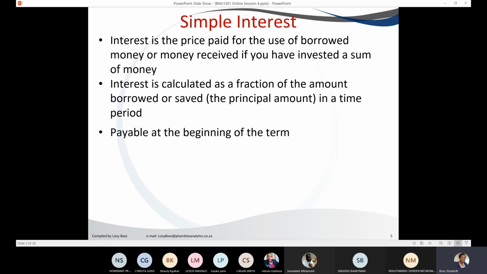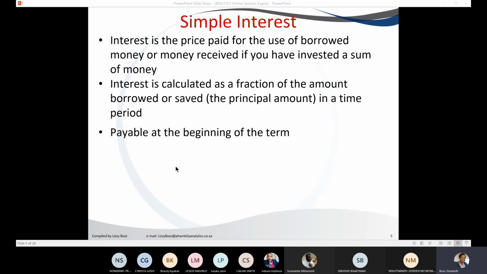So if, for example, you go to the bank and you borrow 10,000 and they tell you that the interest will be 10%, they will take that proportion of 10% from your loan amount. The interest you will owe on this loan amount will be 10% of 10,000, which is 1,000.